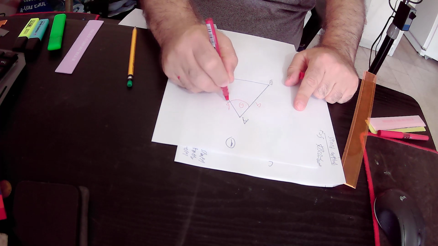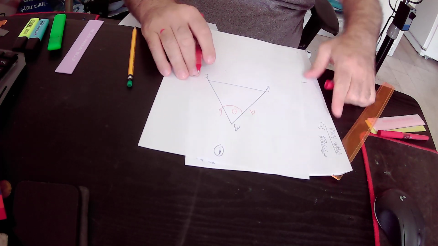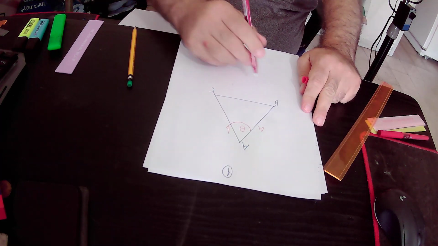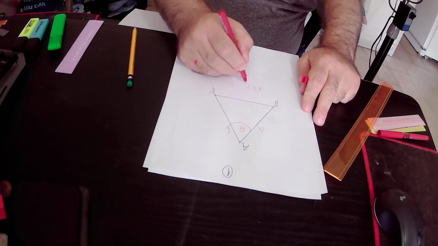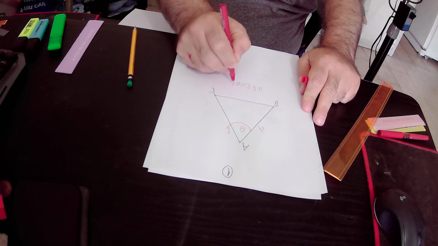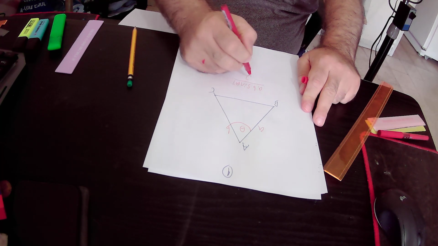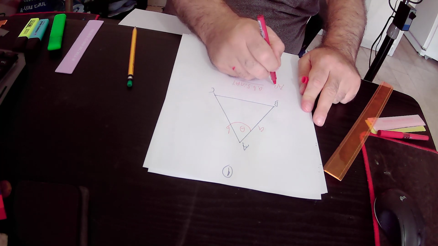Then the area of this triangle will be equal to A times B times sine theta over 2. That is the area of triangle ABC.